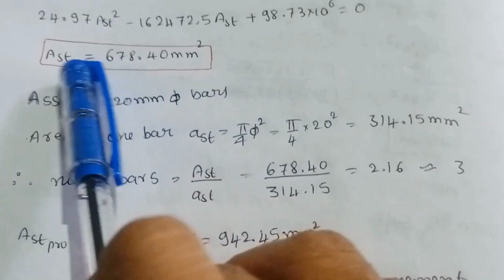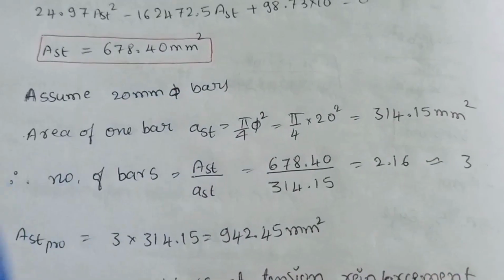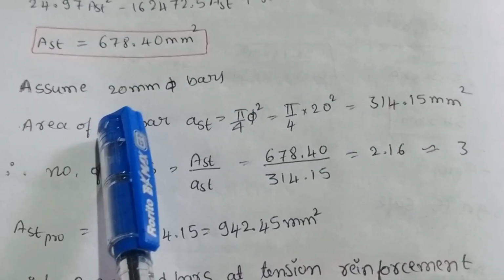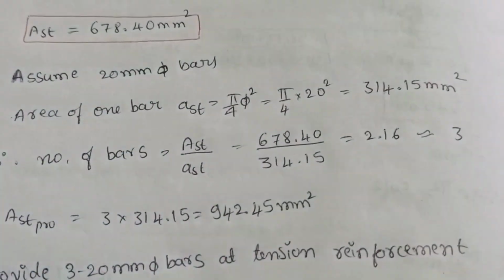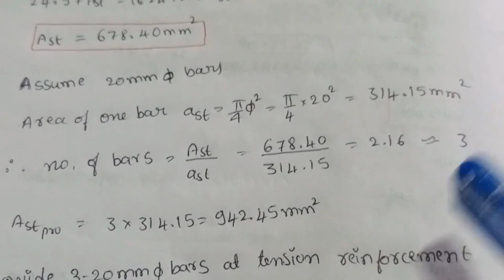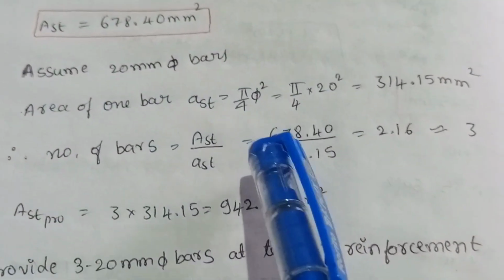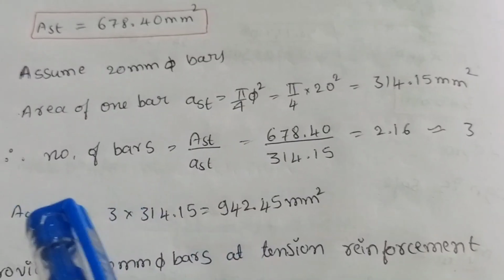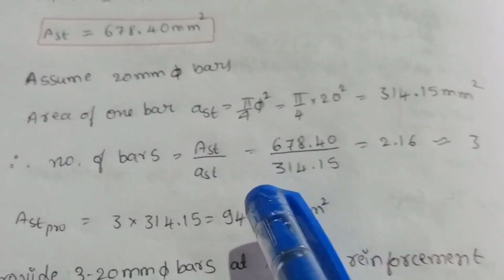So after calculation of AST, now we have to assume the bars. So you are free to assume any diameter of bar. After assuming the diameter of bar, we have to calculate the number of bars required to carry this area of steel.